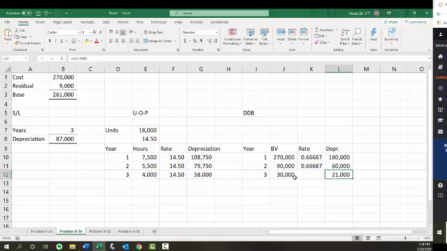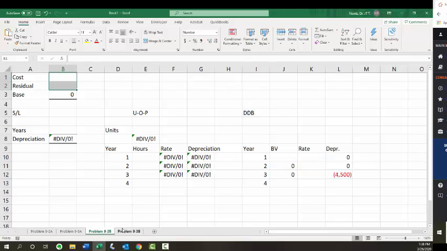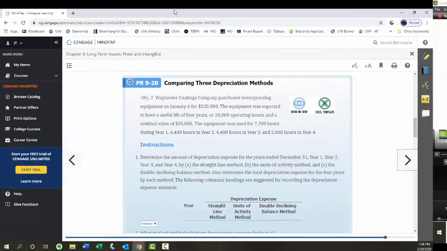Okay, so that just took a couple of minutes, so I'm going to move on and do problem 9-2B, which is on page 488. So B problems, 9-2B. And in this one, Waylander Coatings Company purchased waterproofing equipment for $320,000.